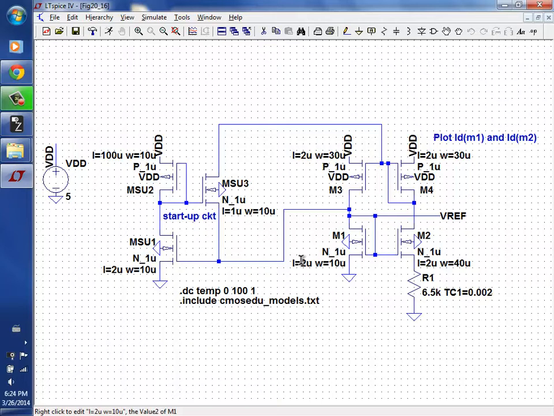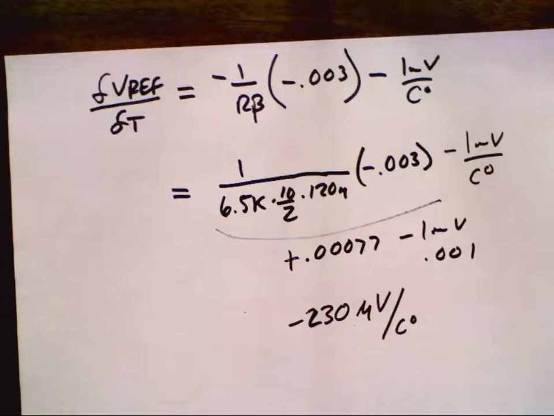Yeah. So, no, but I used a W over L of 10 over, oh no, I used 10 over 2. Let me look, because it's got to work. Minus 1 over R beta.